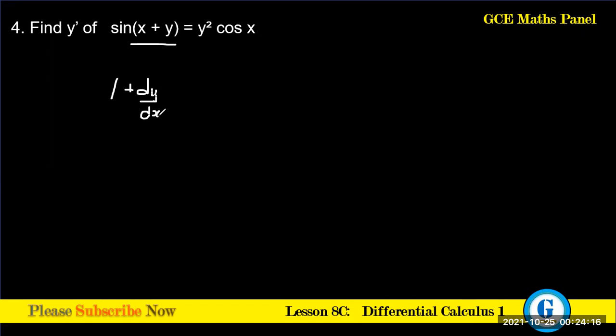We will now differentiate sine. What are we going to have? So when we now differentiate sine of x plus y, we are going to have cos of x plus y, and this should be equal to, or you can decide and use the chain rule here, you have the same result, okay? Now, this function on the right-hand side is a product of two functions. So we keep the first function constant.